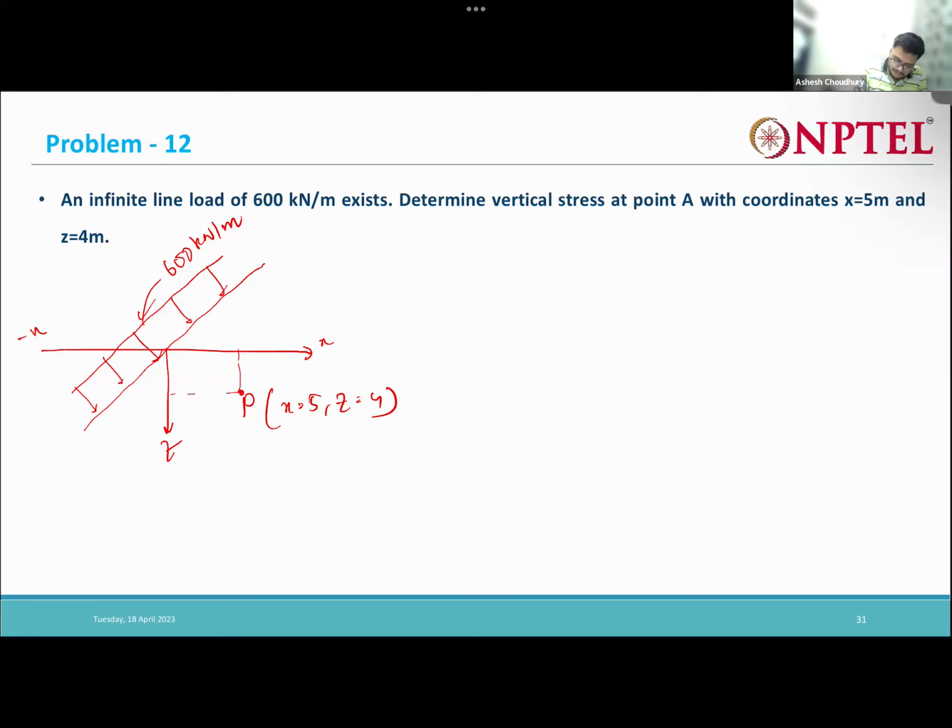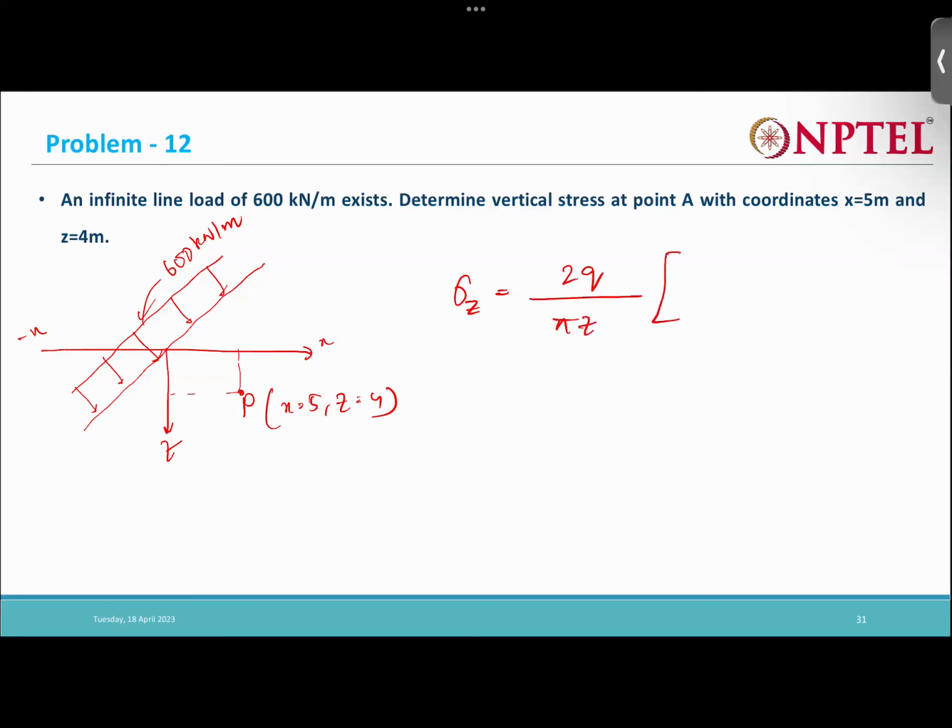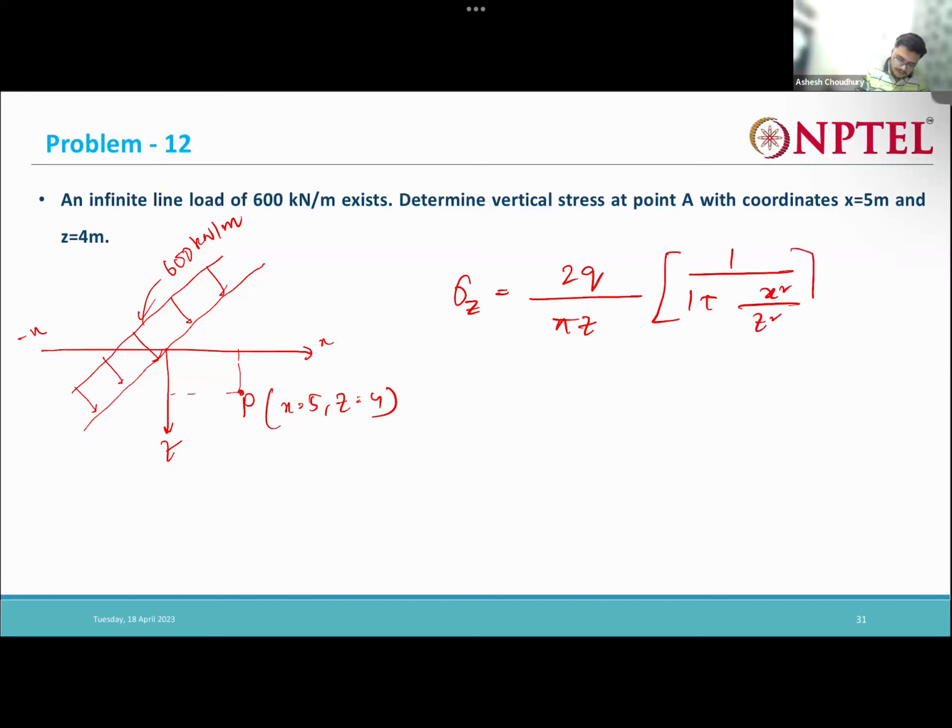So I need to find out the stress at the point. Can you remember the formula for the stress for this line load? For the line load, it's nothing but 2q by pi z, 1 by (1 plus x square by z square) whole square.